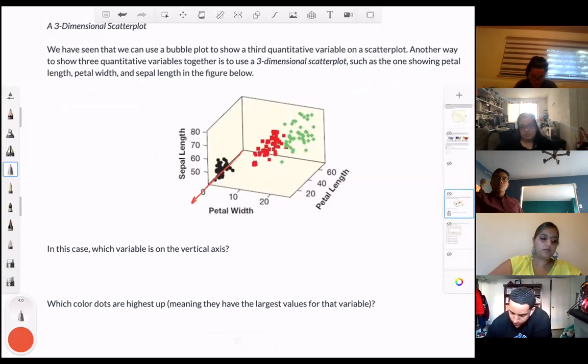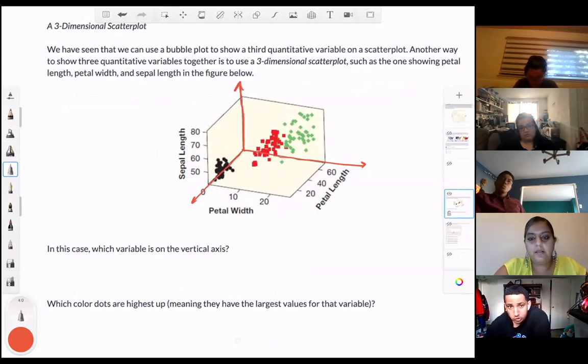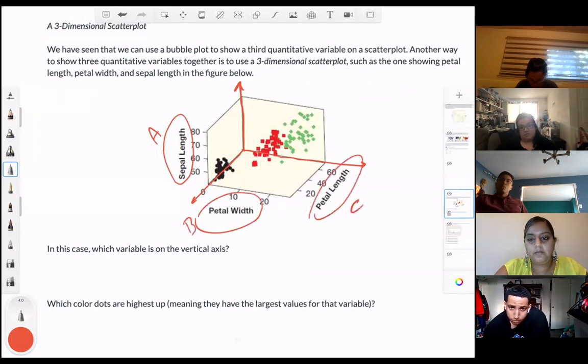This is X, Y, Z. So the first part, which variable is on the vertical axis? So we have variable A, variable B, and variable C. Which variable is on the vertical axis? Is it A, B, or C?